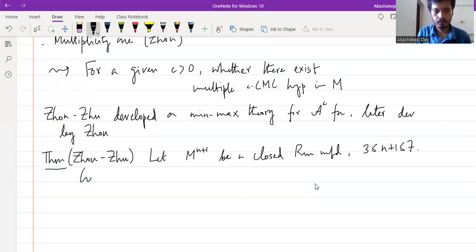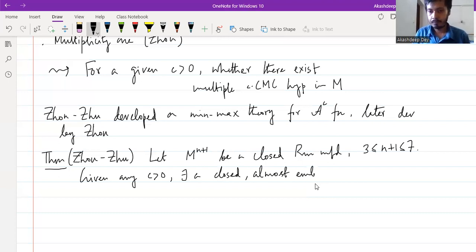Given any c greater than 0, there exists a closed, almost embedded hypersurface in M with constant mean curvature c.